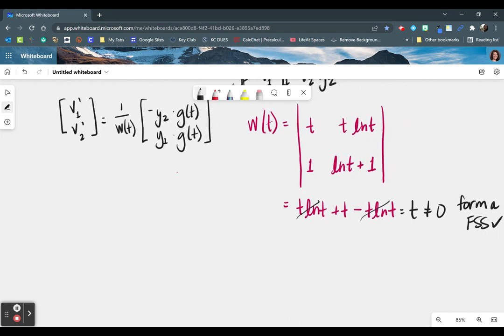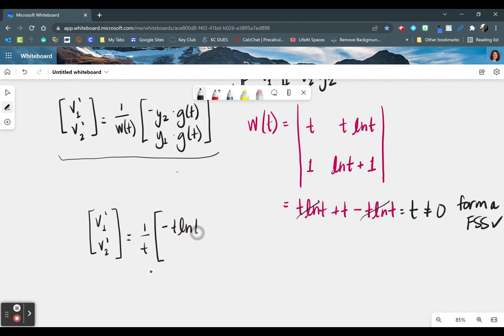So plugging it all in now to what we had up here, we are going to say that our matrix equation v1 prime, v2 prime is equal to 1 over t times negative y2, which is negative t natural log t, times our function g of t, which is that 1 over t.